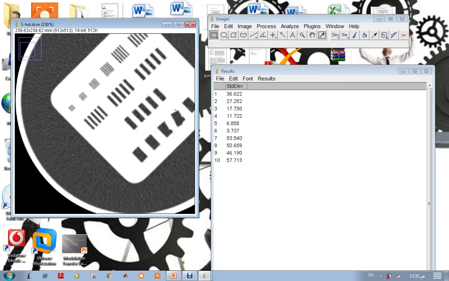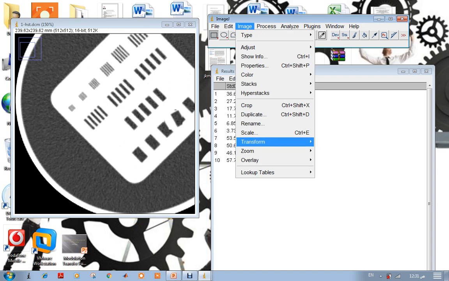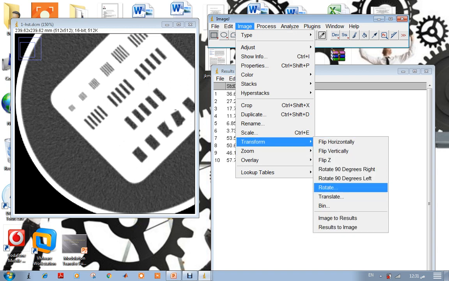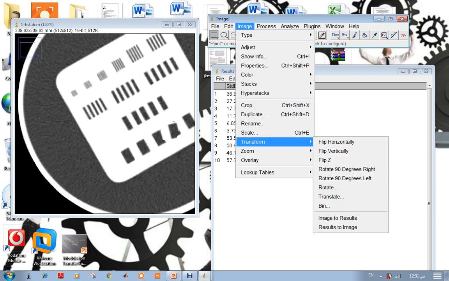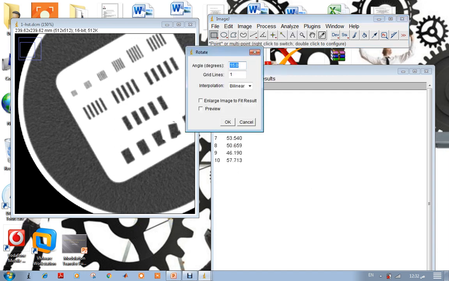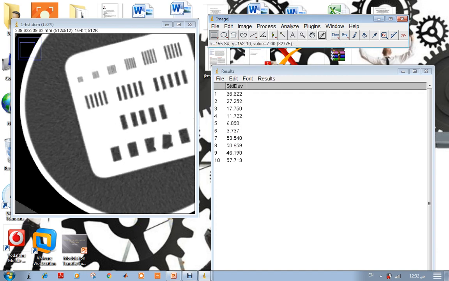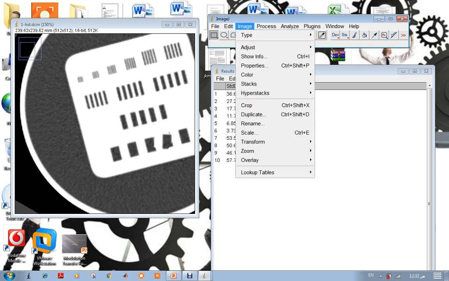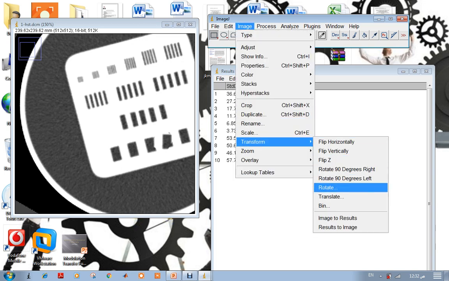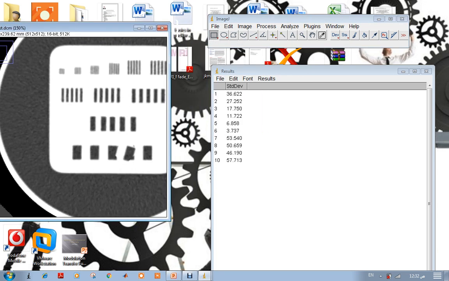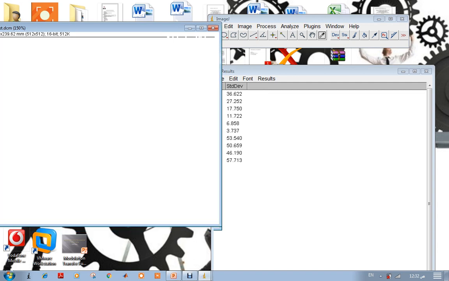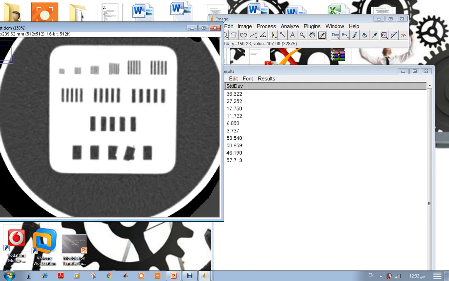Again, Image, Transform, Rotate the image 15 degrees. Okay, so you can do this like this, it will be easy.